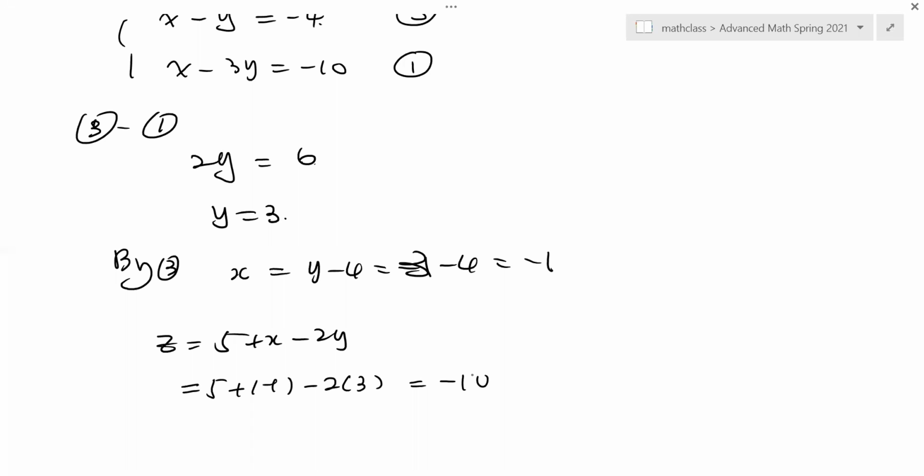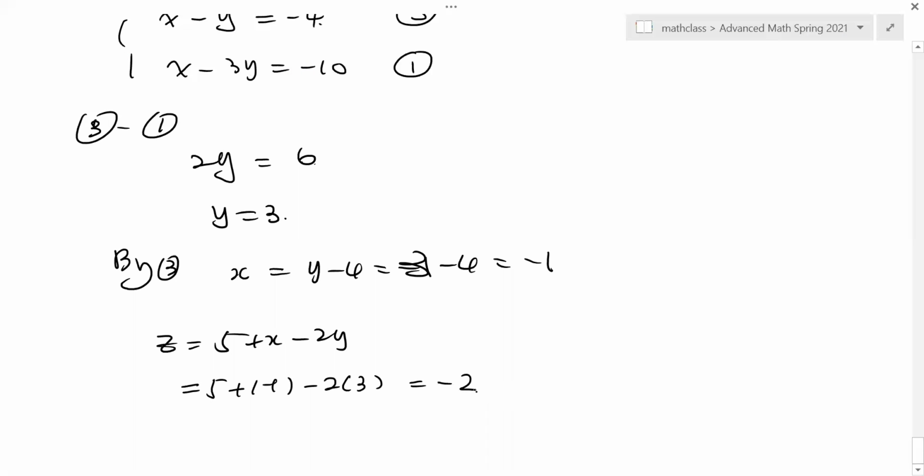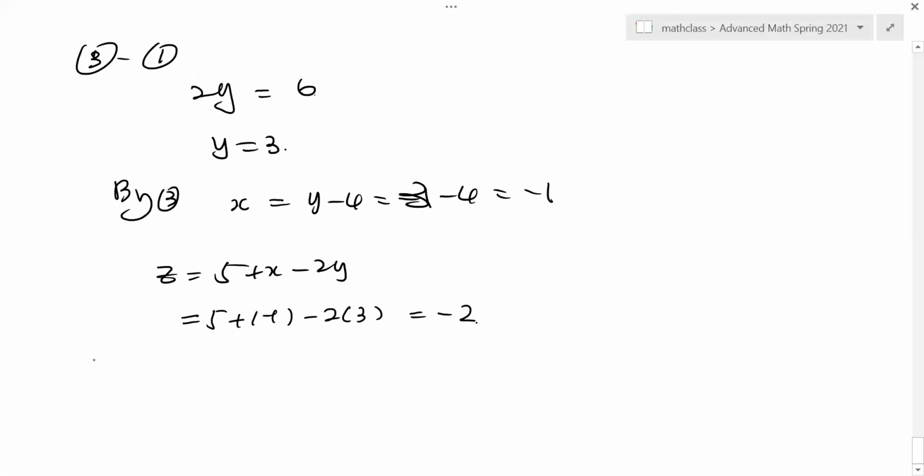Let's double check. Okay, y is 3, x is negative 1. So z is 5 plus x minus 2y. Let me check. Yeah, it's 4 minus 6, that's going to be negative 2. So finally you get x equals negative 1, y equals 3, z equals negative 2.